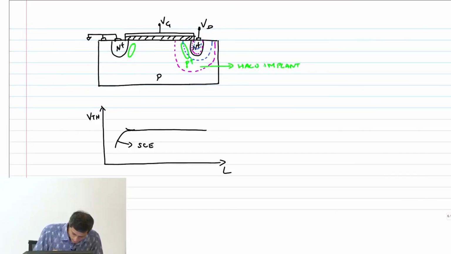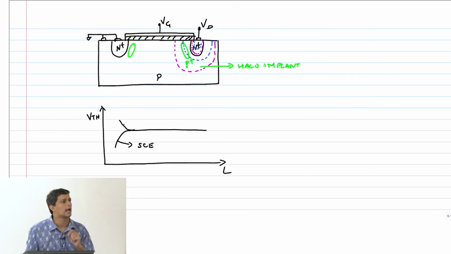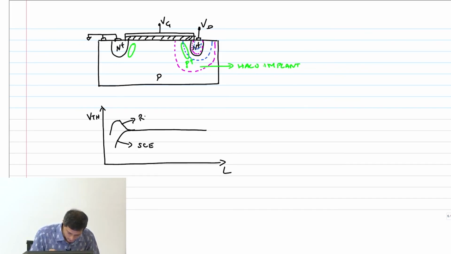This is called reverse short channel effect. Because of the halo implant, it will go up a little bit, and of course after that it has to come down. Because beyond the point, if you make the channel length so small, your depletion region will start eating into the channel eventually. So this is called reverse short channel effect. Or this is the effect of the halo implant that we have put in the drain and source end of the transistor. Okay.